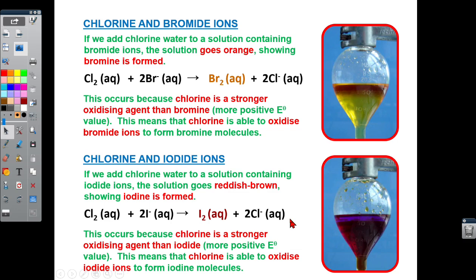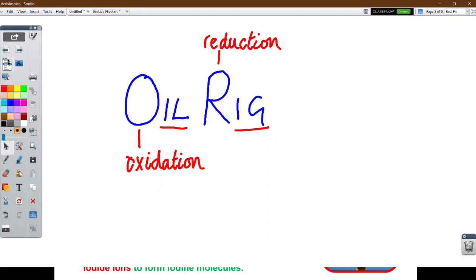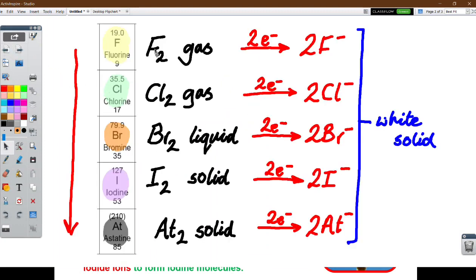So, oxidation strength of group 7 then. To summarize, as we go down this group, we know already that reactivity decreases. Fluorine's the most reactive at the top, the strongest oxidizing agent. As we come down, oxidation power diminishes.